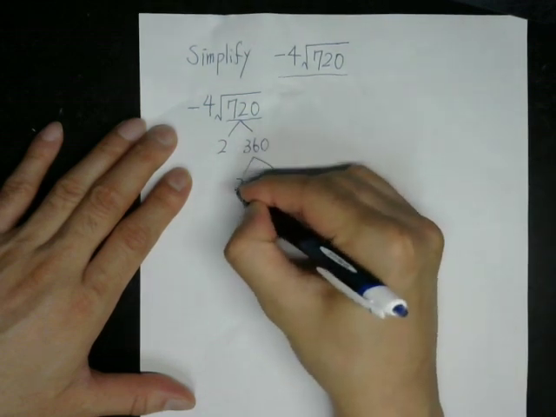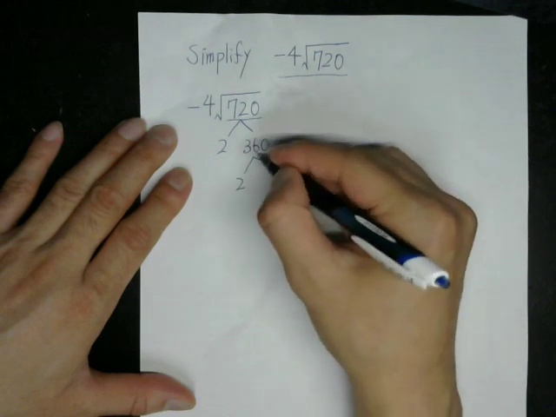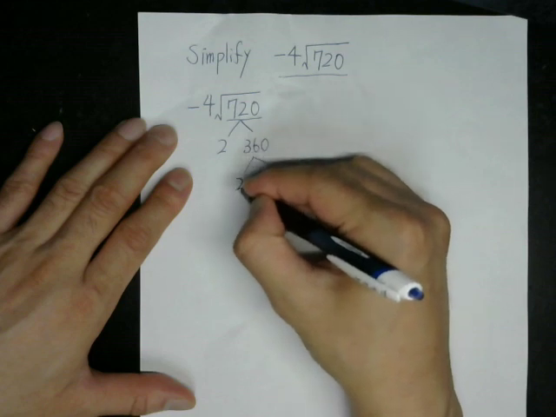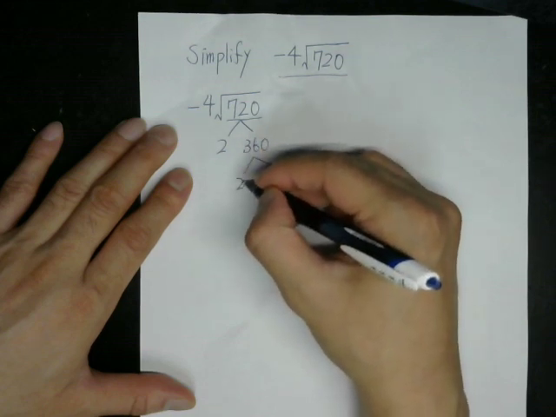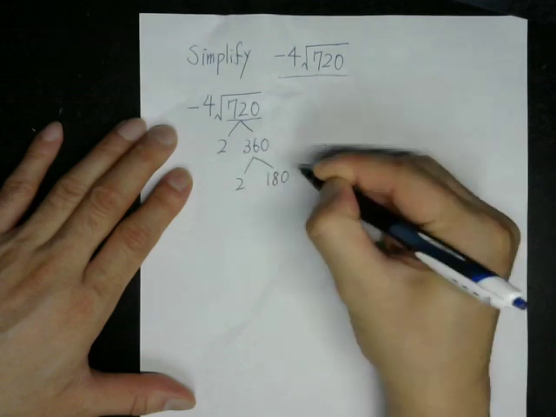You repeat this process because this 360 contains more 2s in it. By creating a branch underneath 360, you write 2 to divide into 360, and what's left is 180.